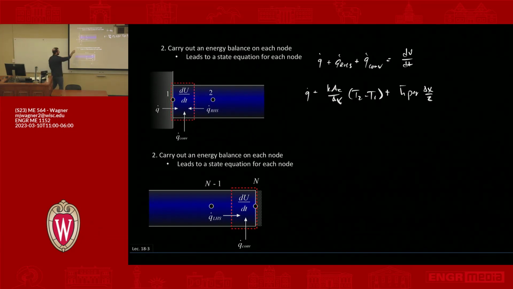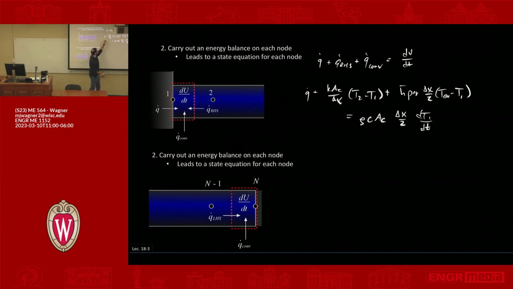Again, that's our area for convection, delta x over 2 times the perimeter, times T infinity minus T_1, is equal to rho C A_c delta x over 2 dT_1/dt. It's all the same except for the delta x over 2 and then our specified heat flux.